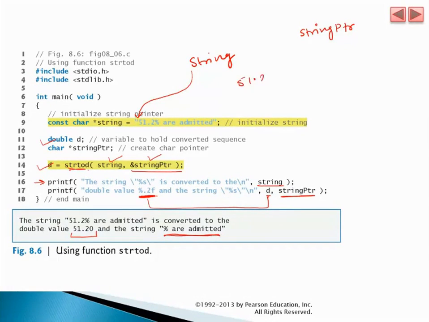One part is 51.2, and the second part is the remaining string, percent are admitted. Now this 51.2 will go to D, and the string pointer will point to this location. Are you following me? Yes, no?